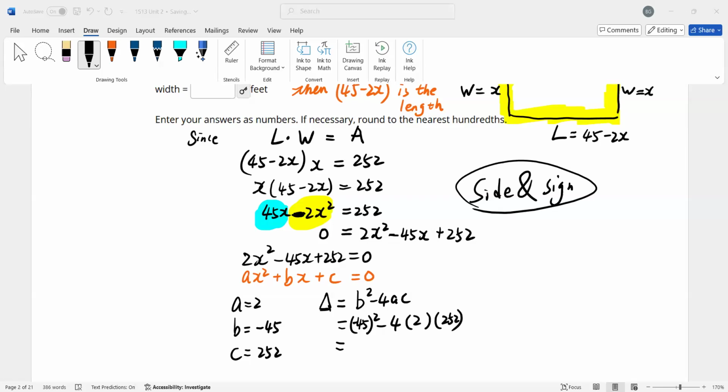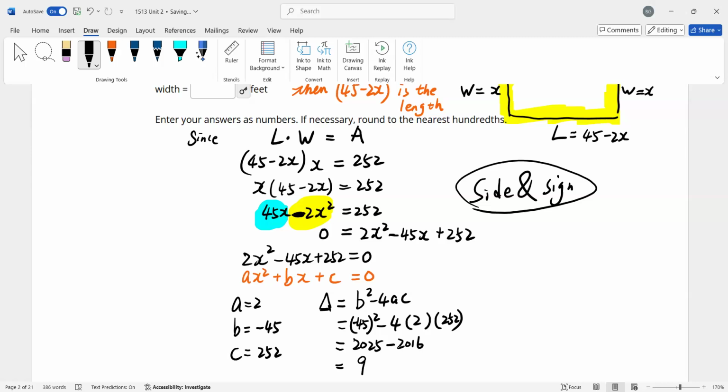I'm getting a calculator. 45 times 45, 2025. And minus 4 times 2 times 252. So 4 times 2 times 252 is 2016. And 2025 minus 2016 gives us 9, right?